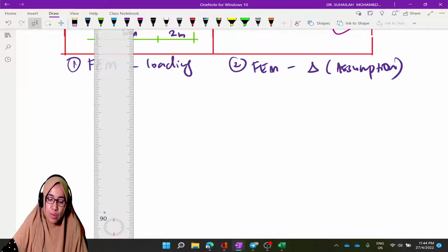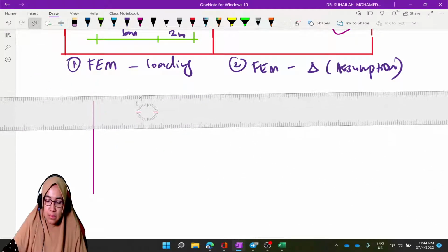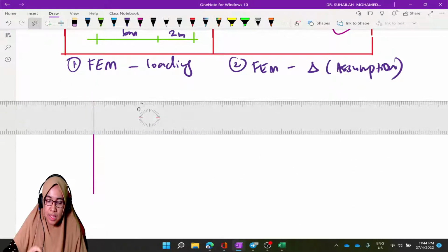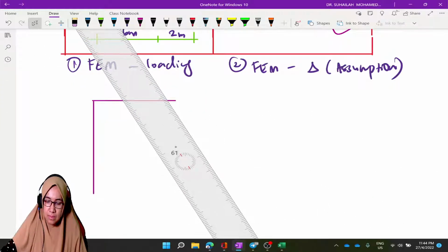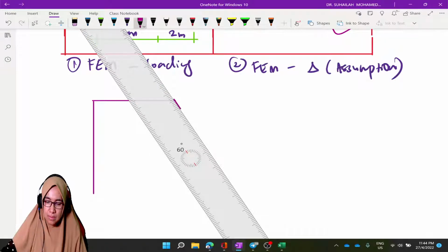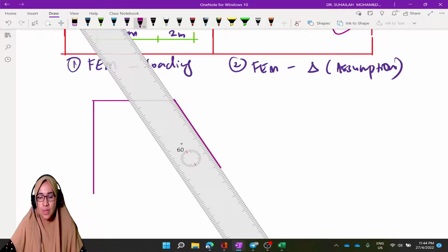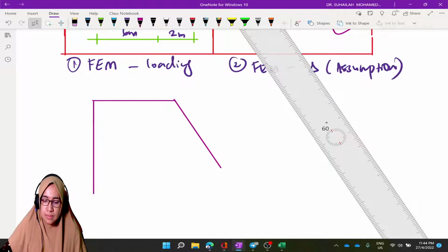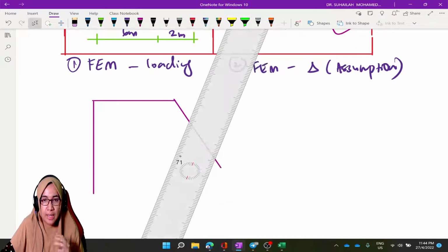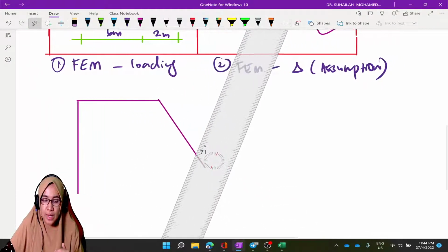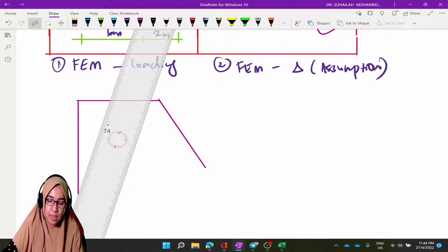So what we need to do is find the delta for each member, where the delta is perpendicular.